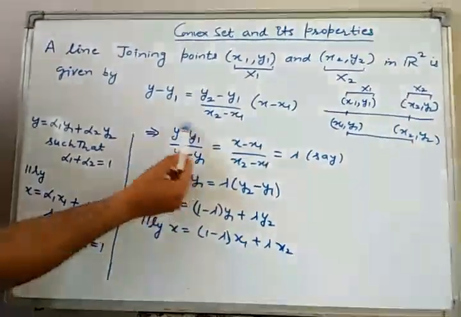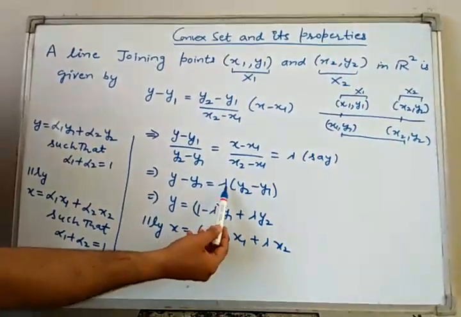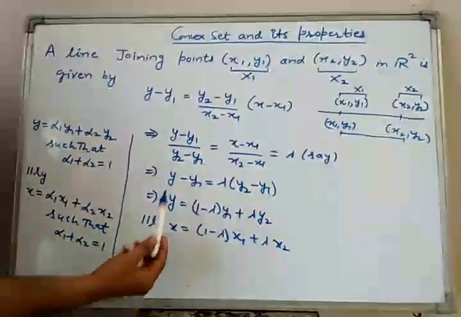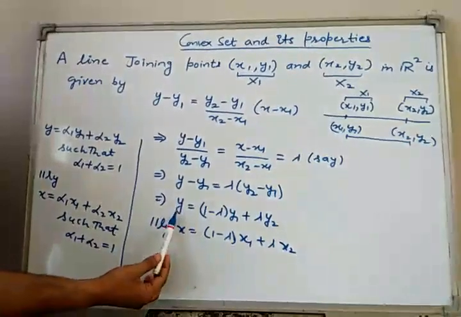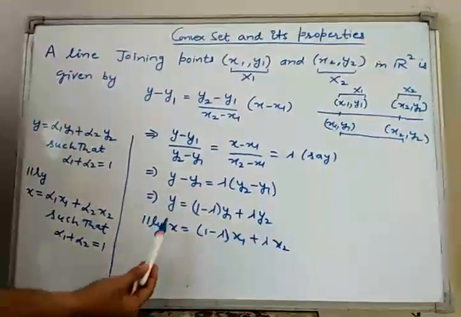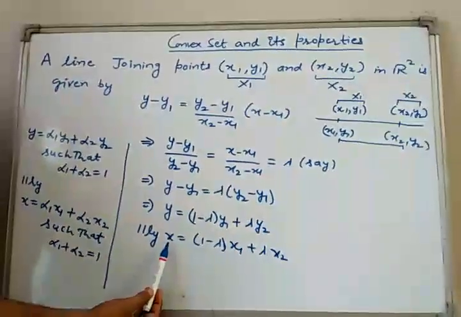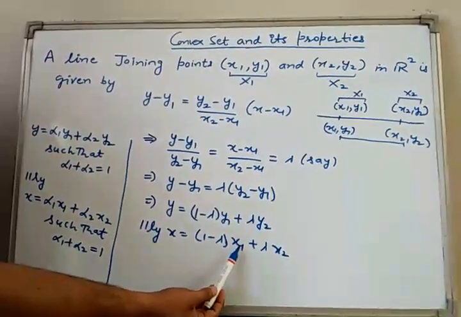Now we get y minus y1 equals lambda times (y2 minus y1). After solving this, we get y equals (1 minus lambda) times y1 plus lambda times y2. Similarly, we get x in the form (1 minus lambda) times x1 plus lambda times x2.